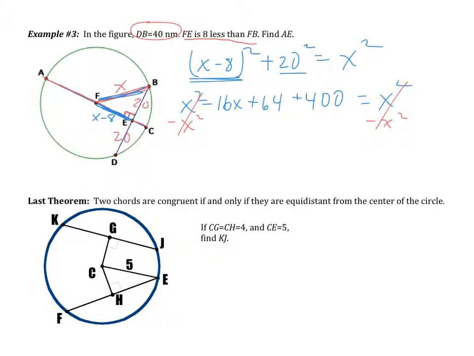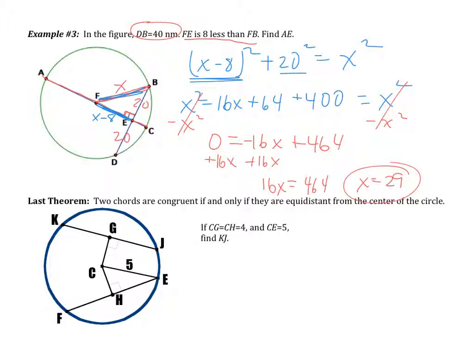All right? Now I have 0 equal to negative 16x plus 464. How do I solve from here? I just added 16x to both sides, and then I just divided by 16. Okay? So 16x equals 464. Divide by 16, and she got x is equal to 29.